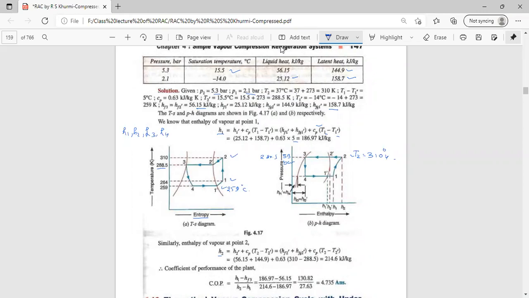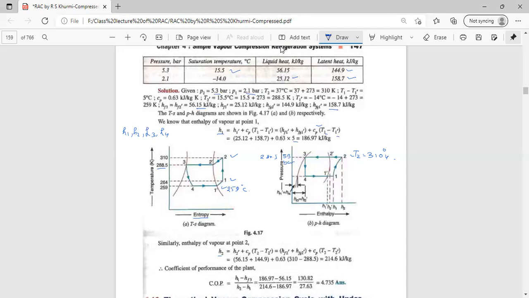H2 is H2 dash plus Cp times the fall in temperature from T2 to T2 dash, where Cp is the specific heat of the vapor. HF2 dash is the enthalpy at the gaseous dry-saturated state at point 2 dash, which is the enthalpy at the liquid state plus the latent heat released from 2 dash to 3 in the condenser.